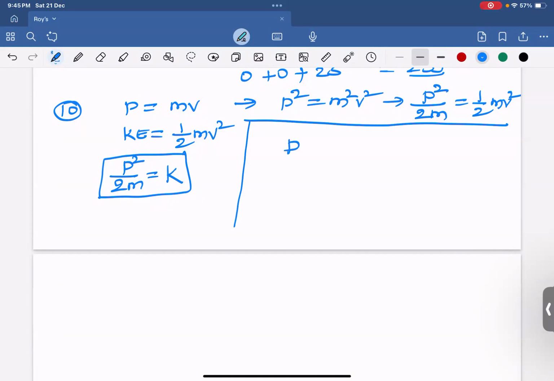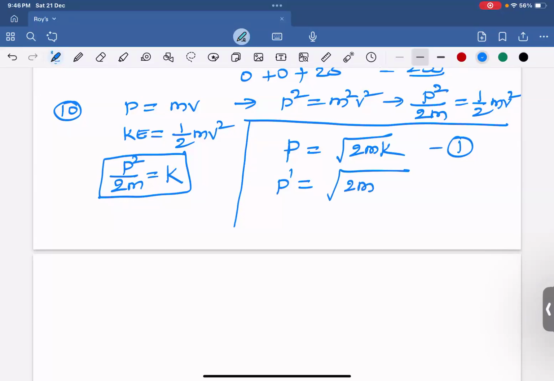The momentum formula I can find here is under root of 2mk. Understood? Understood, sir. Yes. Now the new momentum will be under root of 2 times m times the new kinetic energy.